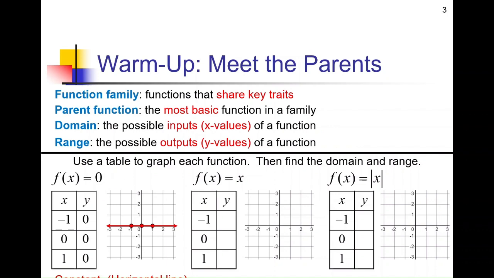Now let's take a look at this next one, f of x equals x. If I plug -1 in for this, I just get -1 back. And plugging in 0 gives us 0, plugging in 1 gives us 1. So we've got -1, -1, 0, 0, and 1, 1. So this also gives us a line, but in this case it's going to be a slanted line.